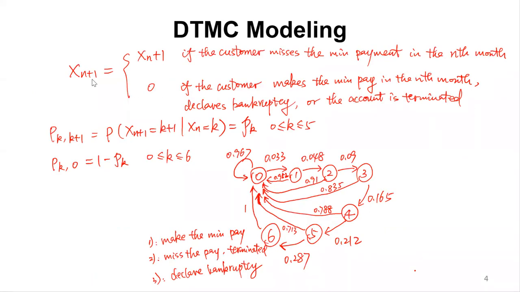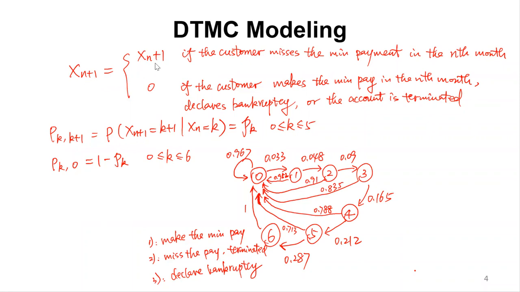In the next time point, or the next month, it will become Xn plus 1. That means if the account holder missed 2, then it will become 3.